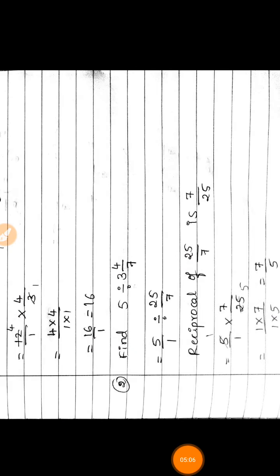So see the second question of division. Just now I said don't forget to change to multiplication, because there is no division process in fractions. So we have to make it multiplication, division to multiplication, by taking the reciprocal of the fraction after the sign. Okay, so here also 5 divided by 3 and 4 by 7 is there.